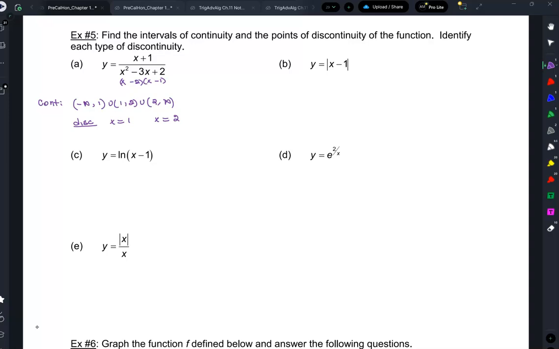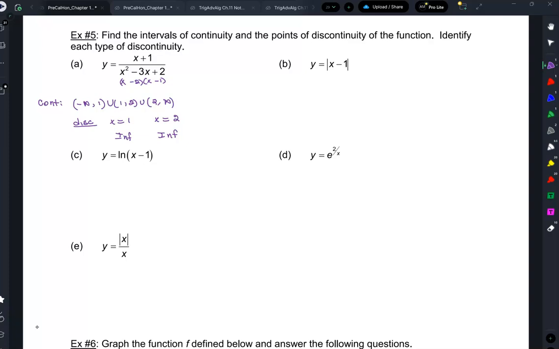And what kind of discontinuities are they? Infinite, both. Okay, yes, it's open there, but also love the questions, but raise your hand.